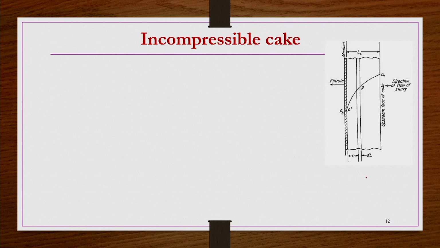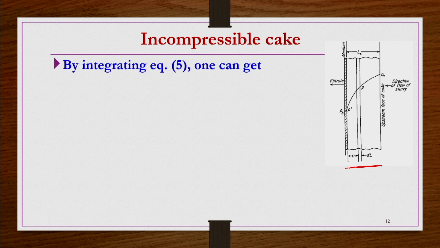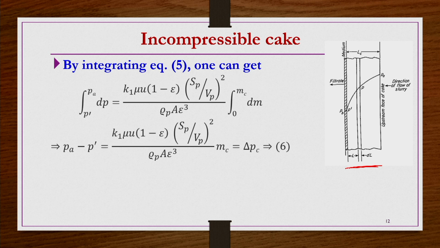Same picture we take, whatever we have taken previously here. If we integrate equation 5, we can get this equation. The layer that we have taken is within the cake only. So what are the limits of the pressure?